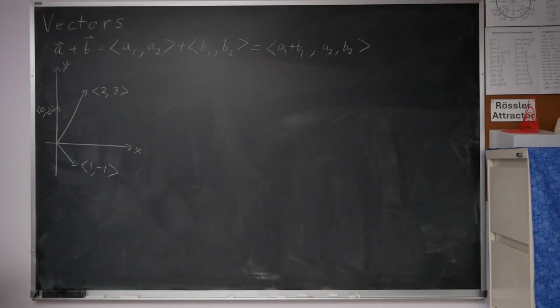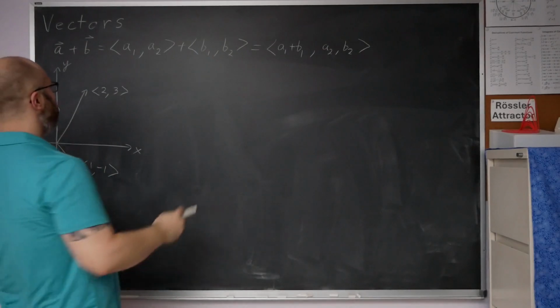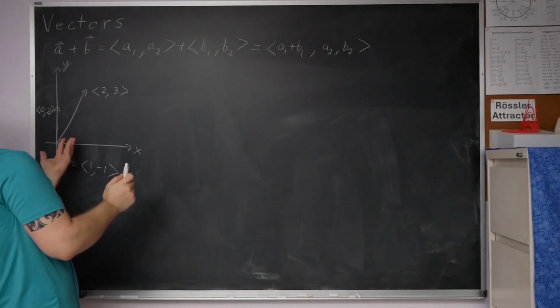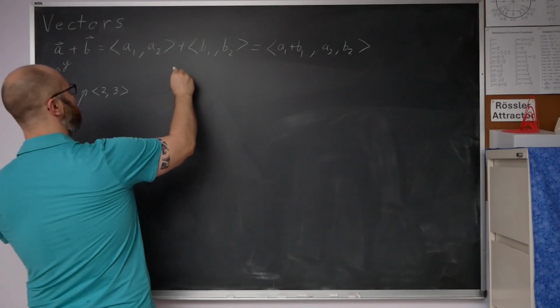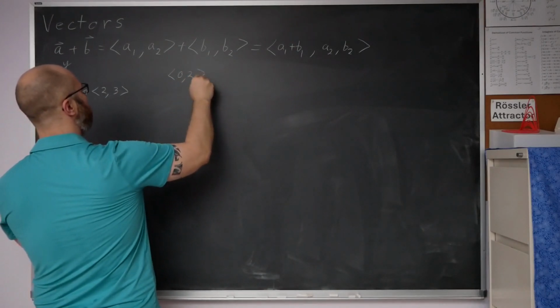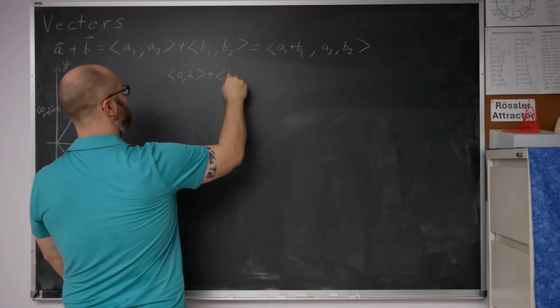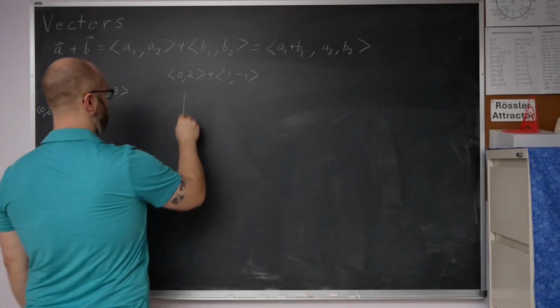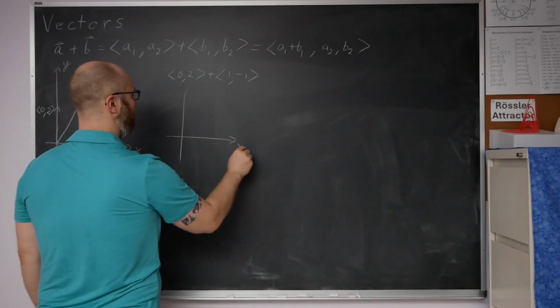So if you want to add vectors, that's not very hard. So we can actually add, let's start with 2. So let's do 0, 2 plus 1, negative 1. And there we go. X, y.